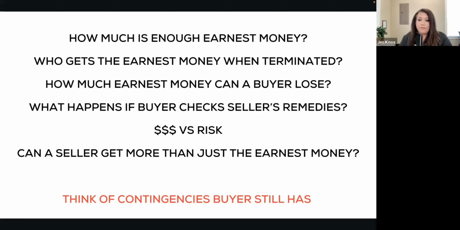So we can get more than 5%, but per our real estate contract, we are kind of capped at 5%, unless there's other verbiage written, preferably by an attorney, that allows that seller to receive more than just their 5% or other remedies beyond money.